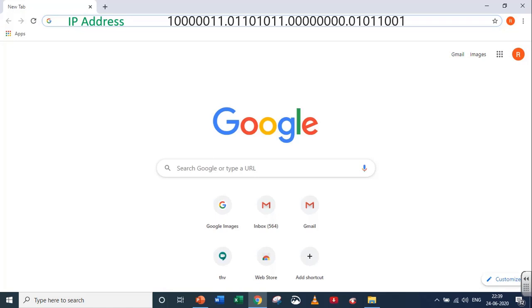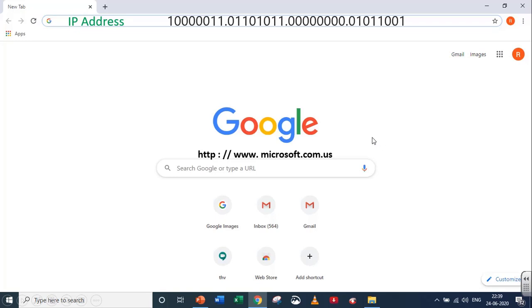The second option is I can write http://www.microsoft.com.us. For human being, it's easy to remember this particular domain name system, but it is very difficult to remember IP address, which is in binary form and it is 32 bits long.